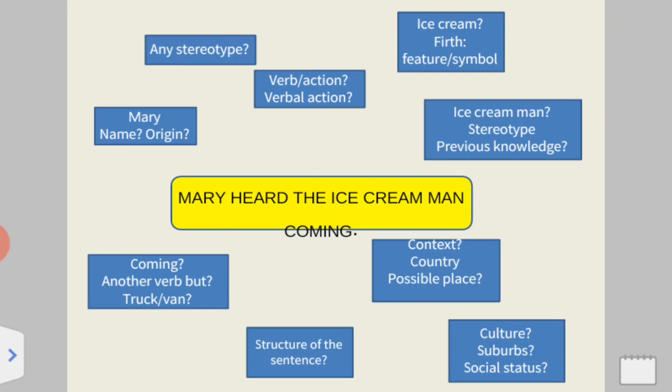Because I don't think you, at your age, are interested in having an ice cream and running to get the money because the ice cream man is running away. No, you would be interested in having an ice cream, but you take your time when you have the opportunity to buy it, and you don't rush. So probably Mary is not as old as we could think.